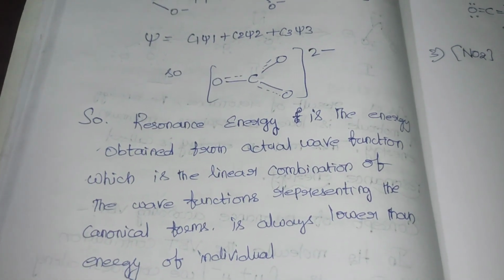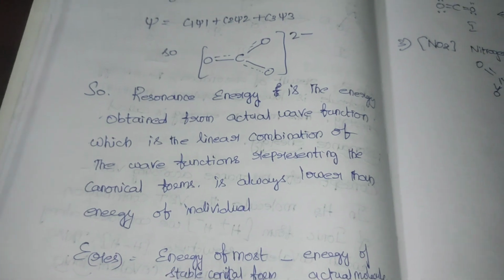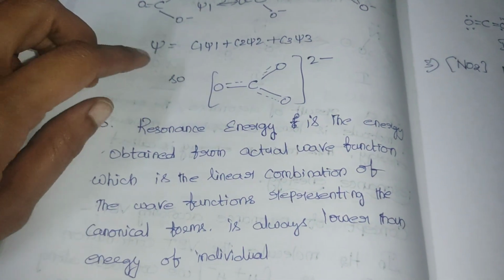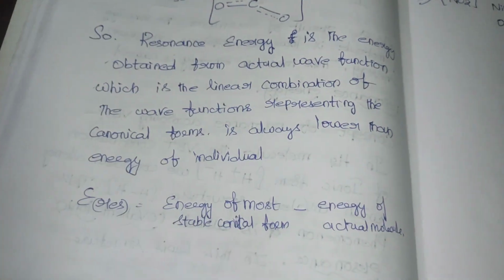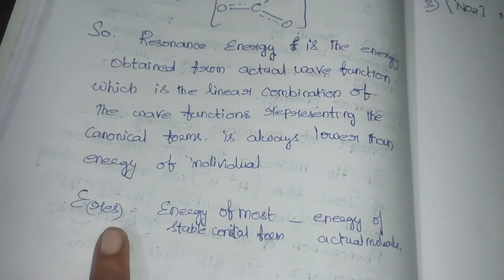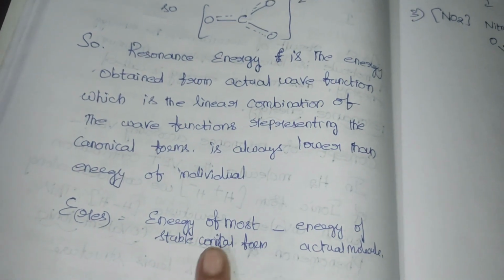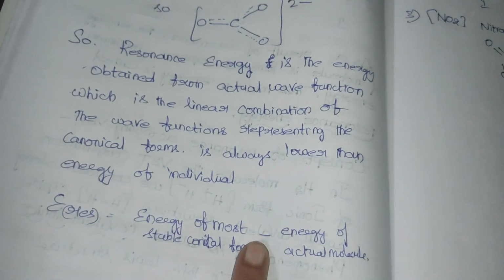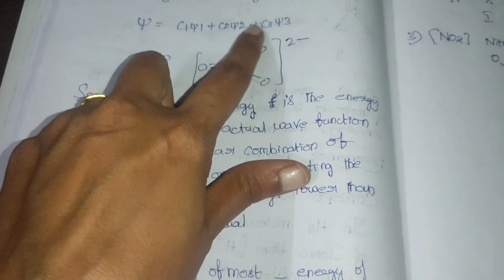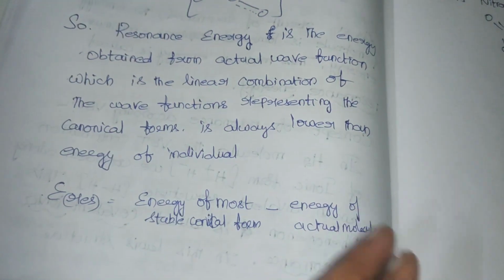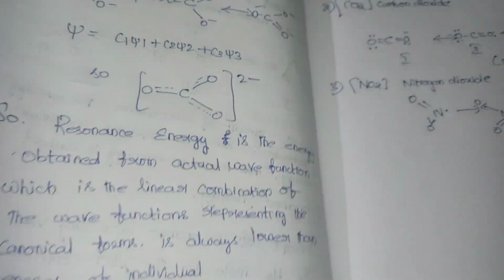It is always lower than the individual canonical forms. E resonance is equal to the energy of the most stable canonical form minus the energy of the actual molecule. Like this we can calculate it.